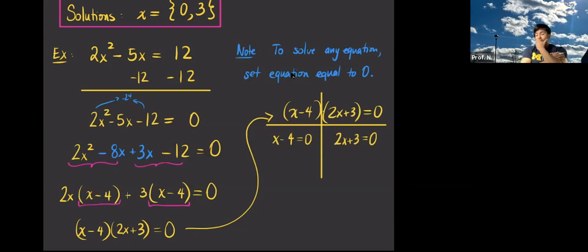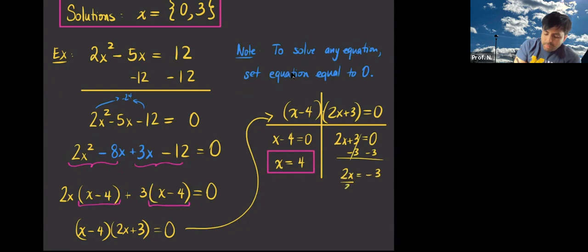Then on the left side, what's the result? I get that x equals 4. And then on the right side, to solve for x, I subtract 3 on both sides. I'm left with 2x equals negative 3, divide by 2, divide by 2. And I'm left with x equals negative 3 halves.